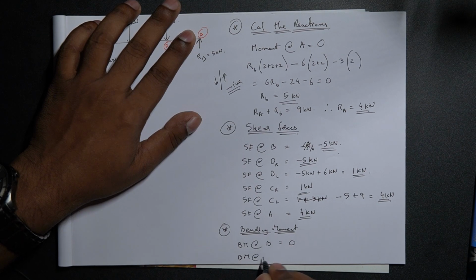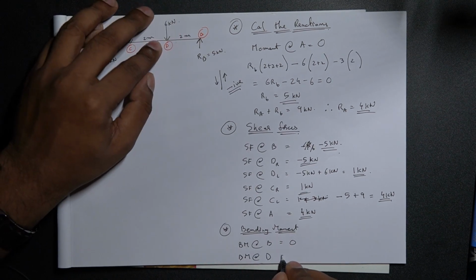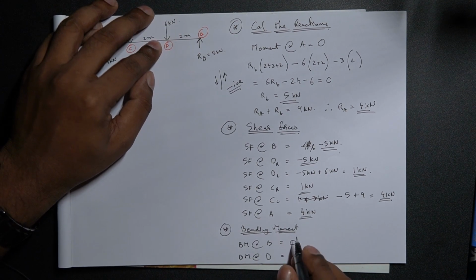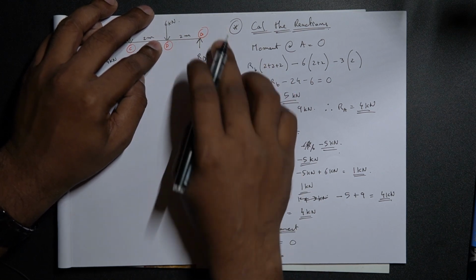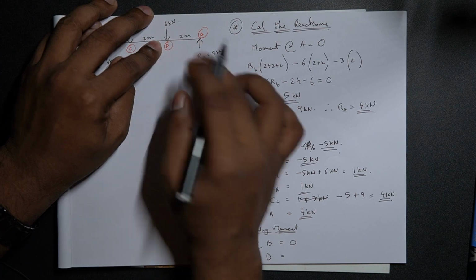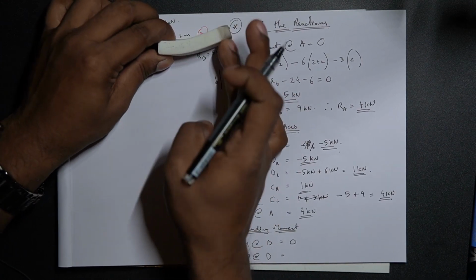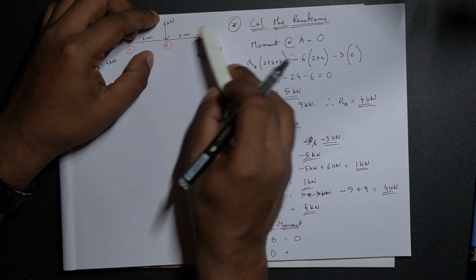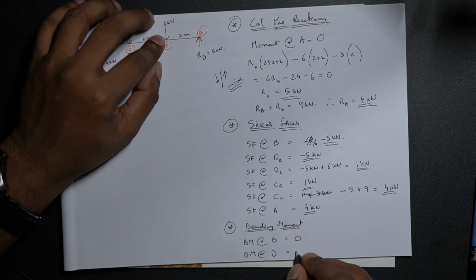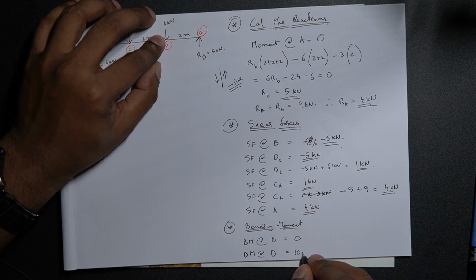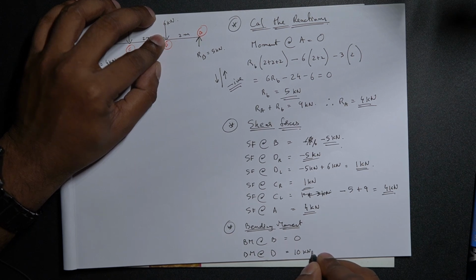Bending moment at D. That is 5 times the lever arm 2. We are not having minus over here because it is creating a sagging action, so it is positive. So plus 5 into the lever arm length, that is 2. So 5 into 2, that is 10 kilonewton meter.